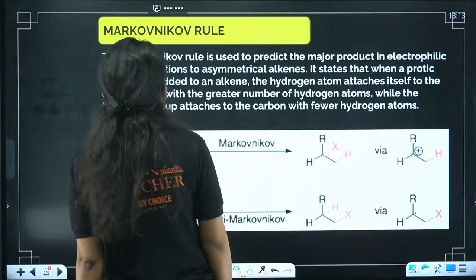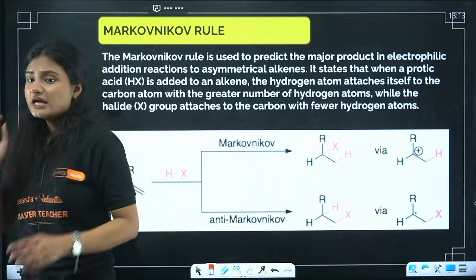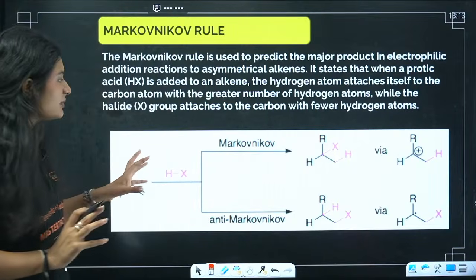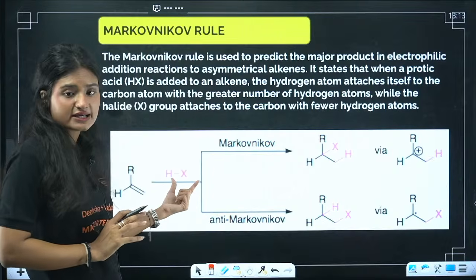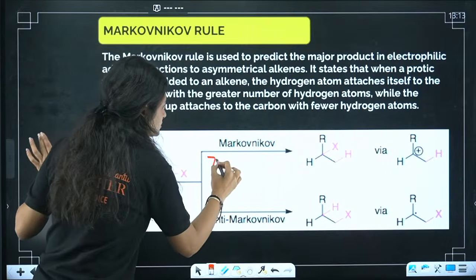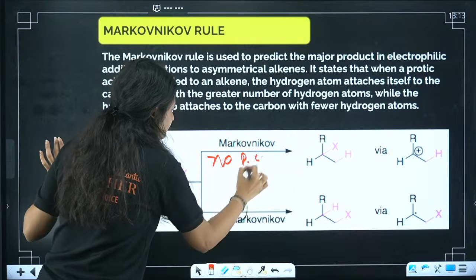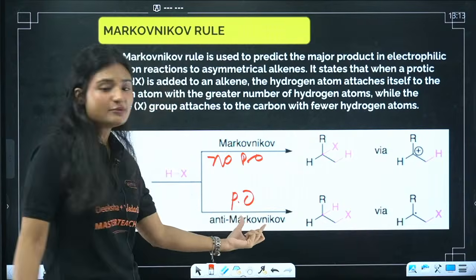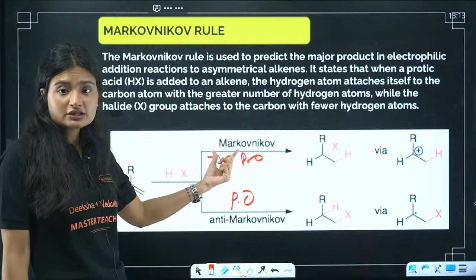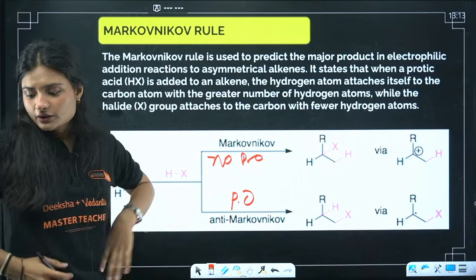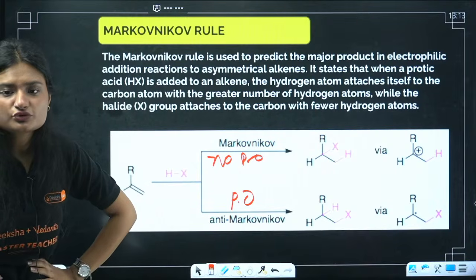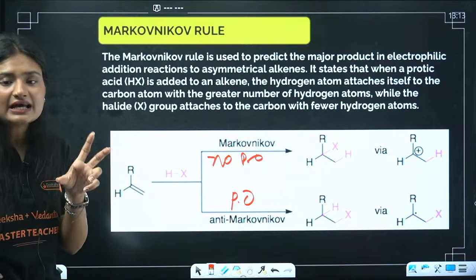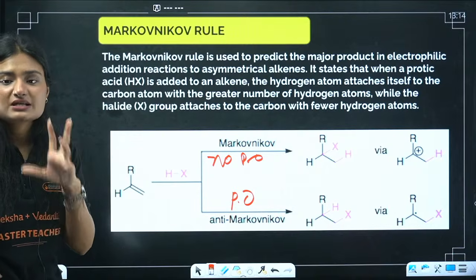No reaction will happen. Markovnikov rule, again whenever you are given two possibilities. With HX, if peroxide is not there, we use the Markovnikov rule, and if peroxide is there, the anti-Markovnikov rule is used. According to the Markovnikov rule, the halide ion will attach to the more substituted carbon.